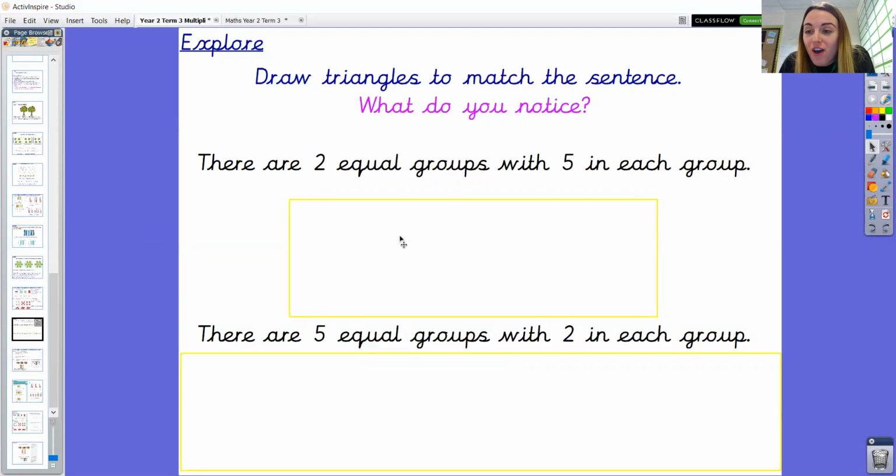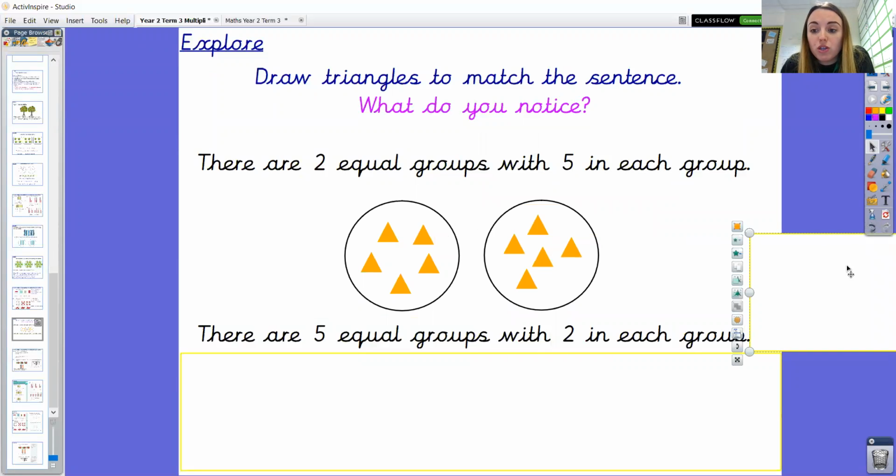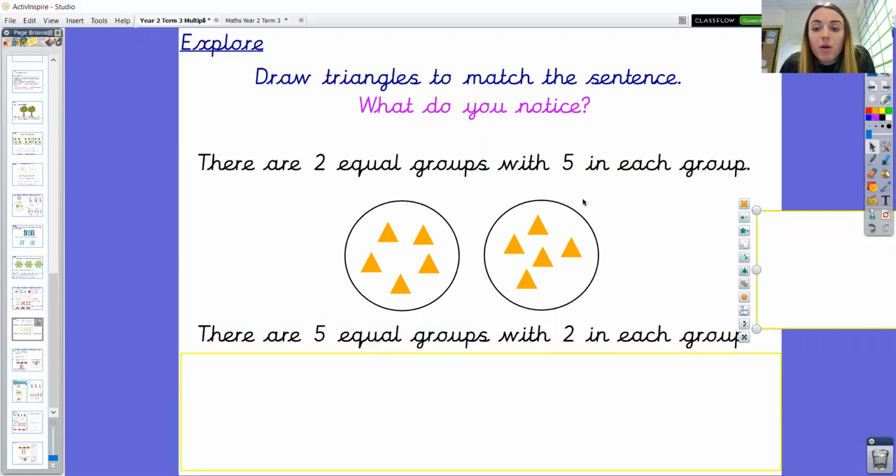Well done, Year 2. I'm going to share my thinking with you by showing you my drawings for each sentence. So there are 2 equal groups. So as you can see, I have drawn 2 circles to represent my 2 equal groups with 5 in each group.